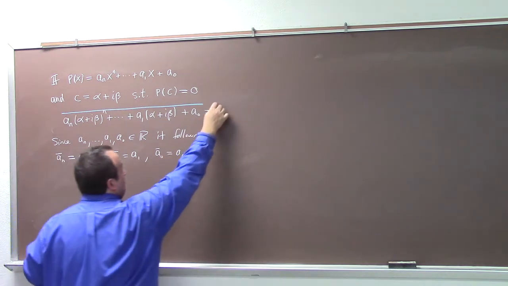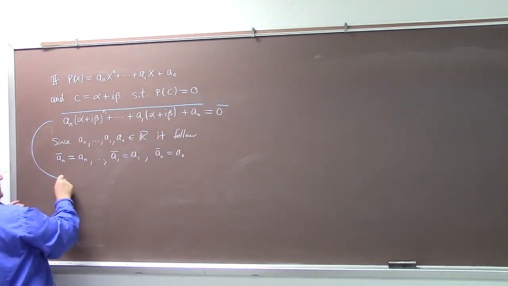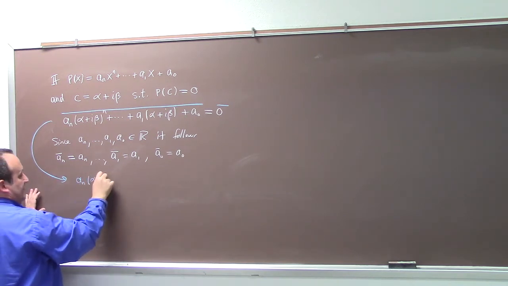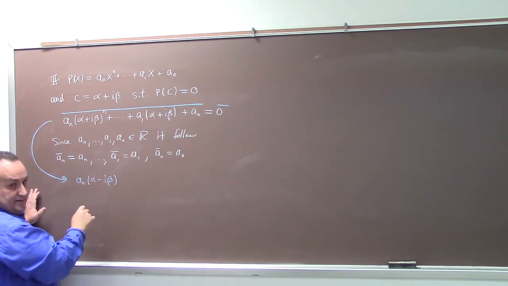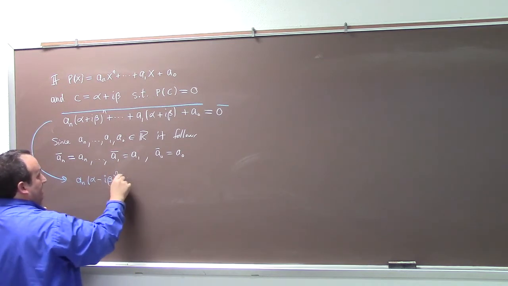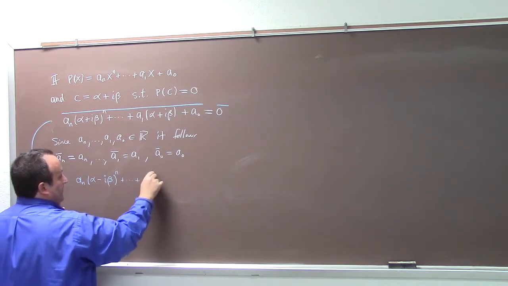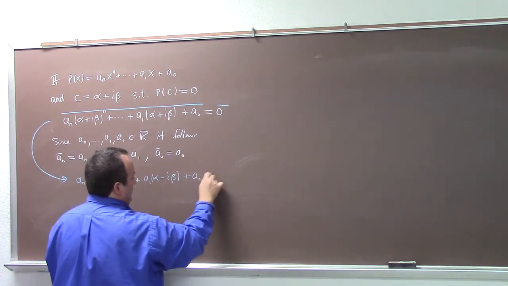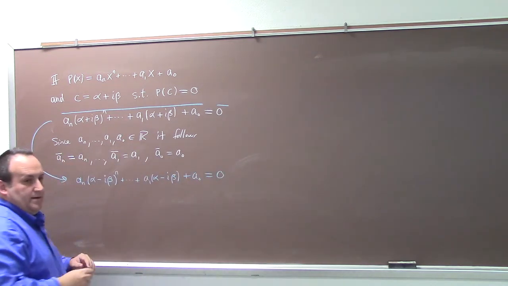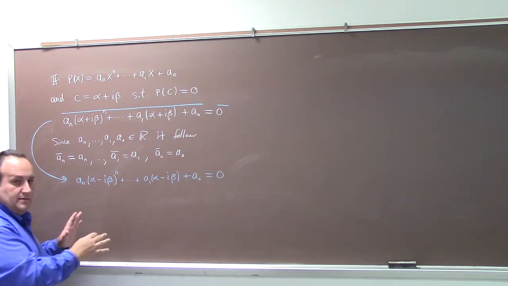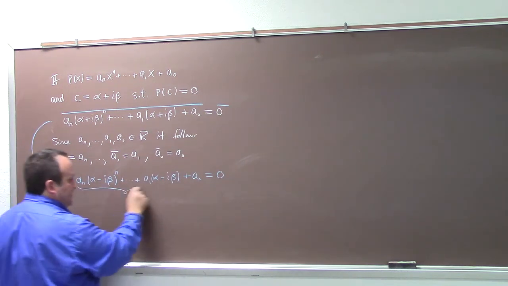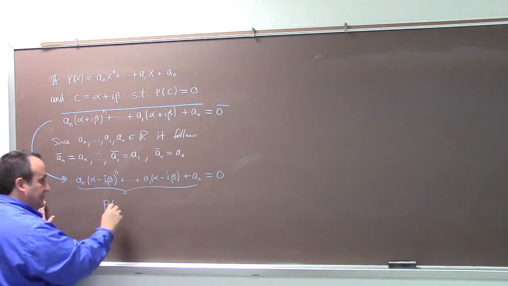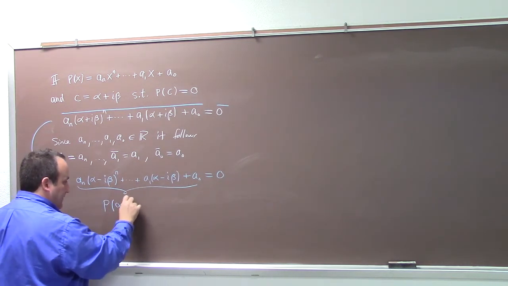what do I get? I get a_n times alpha minus i beta to the n, plus ... a1 times alpha minus i beta plus a0 equal to 0. But what we're looking at here is nothing more than taking the polynomial p and plugging into it alpha minus i beta.